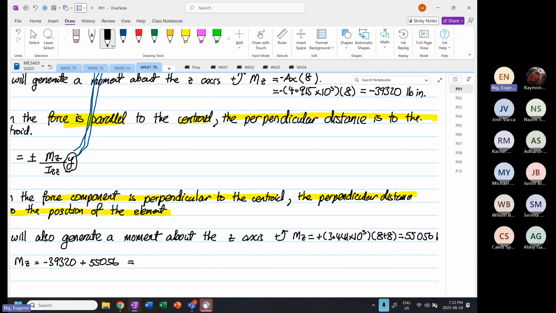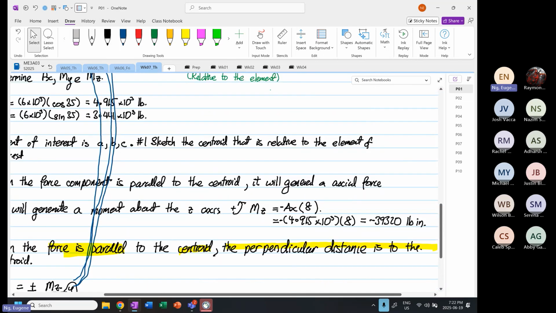Okay, so this will be equal to minus 39320 plus 55056. The moment will be positive 15.736, right? Times 10 to the power 3 inch, and it's going in the anti-clockwise direction.